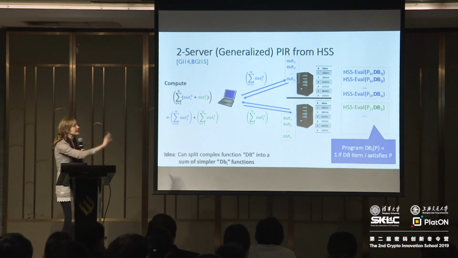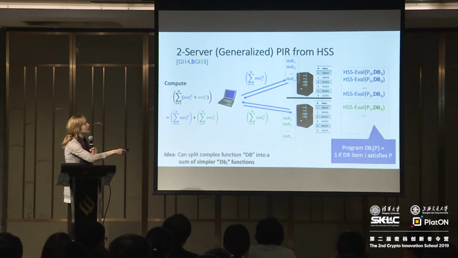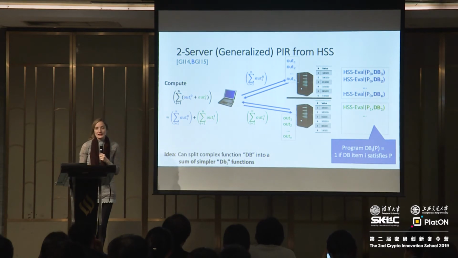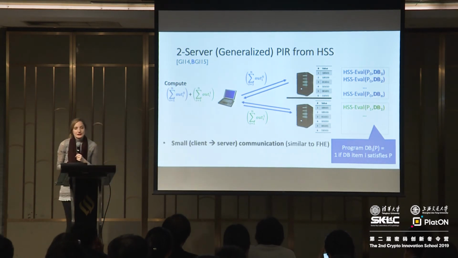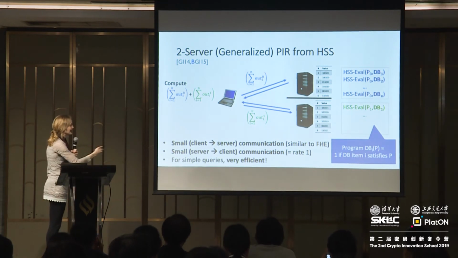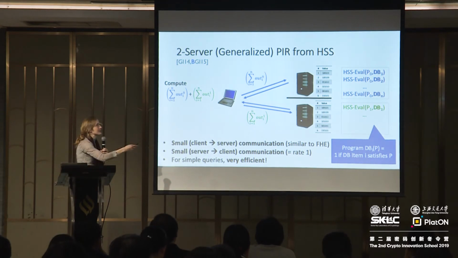Okay, so this is a general framework: if you're looking at specific predicates on a per item basis, this is all that you have to be able to support in terms of the power of the homomorphic secret sharing scheme. At a high level, this gives you some nice properties. The communication in both directions is small: going from client to server, this is comparable to the size of the HSS shares of my predicate.